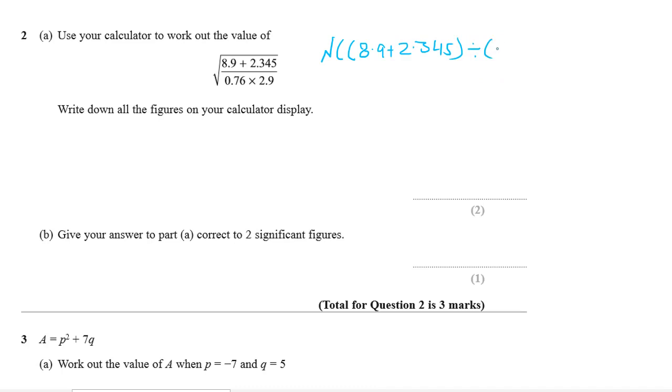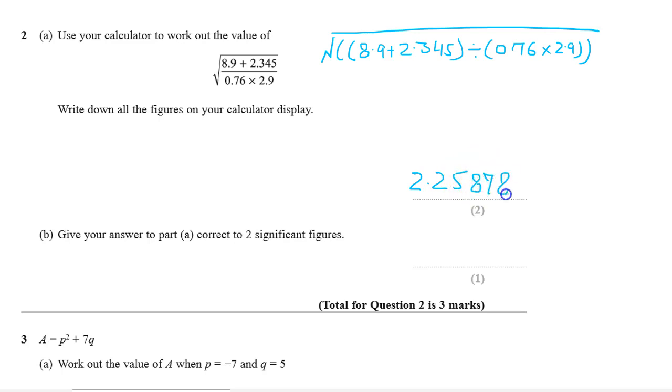Another bracket, 0.76 multiply 2.9, bracket close, and another bracket close. So immediately it will give you the answer of 2.258780006.